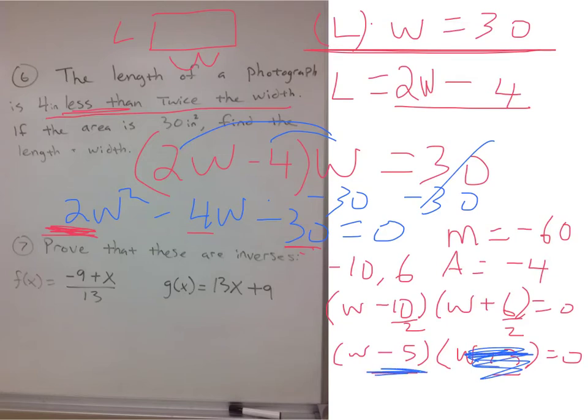But the width being positive 5, that is useful. So w equals 5 is half of my answer. Then I just need to plug that back in way up at this equation. And so 2 times 5 is 10, minus 4 is 6. So then L is 6, my other answer there.